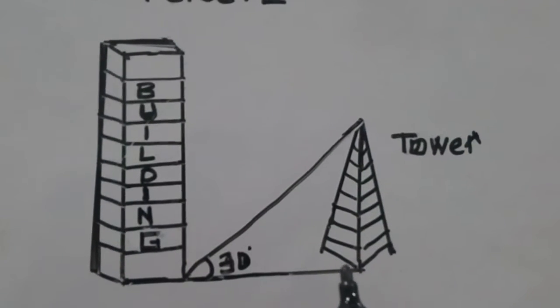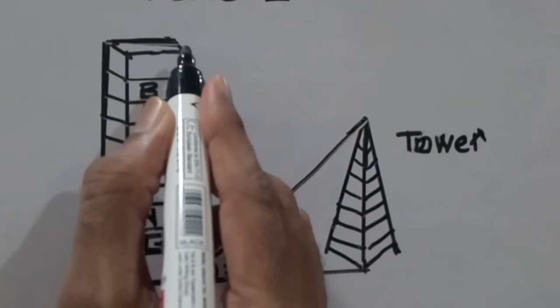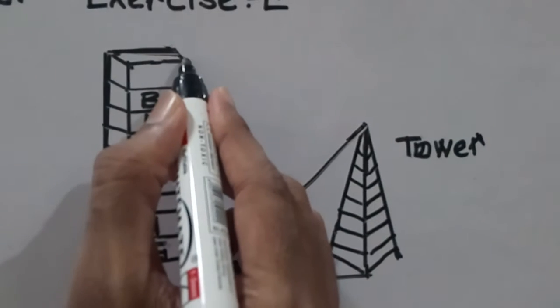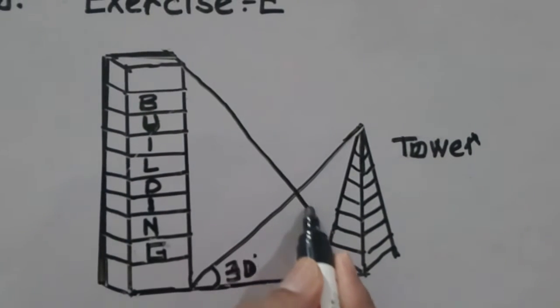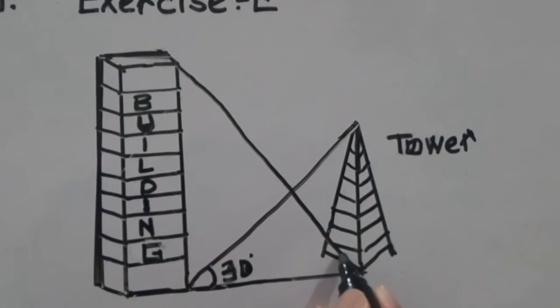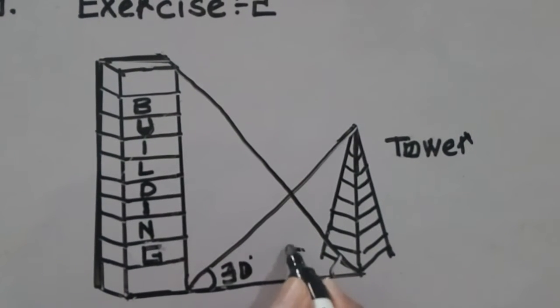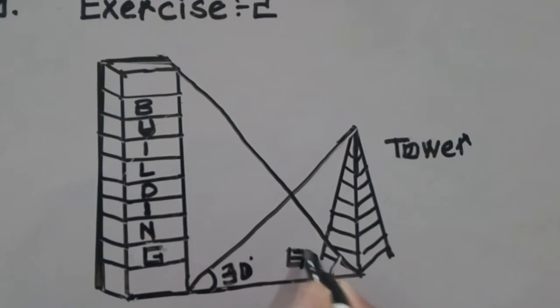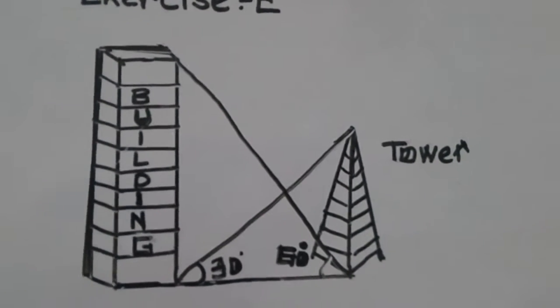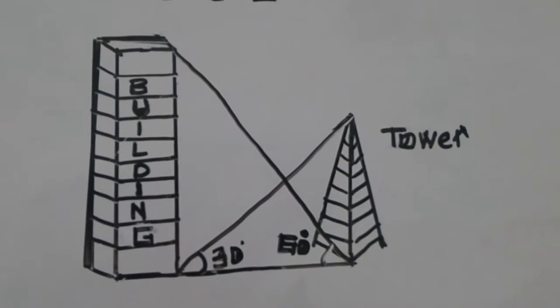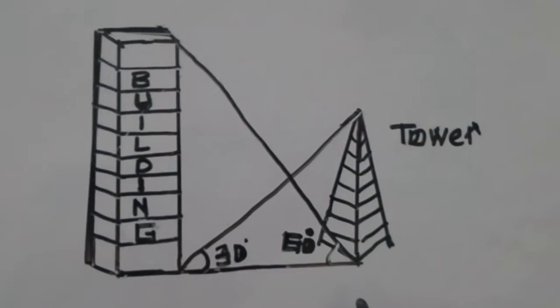And next, the angle of elevation of the top of the building from the foot of the tower, this angle, is 60 degrees. This is given. We should find the ratio of the building and tower heights.